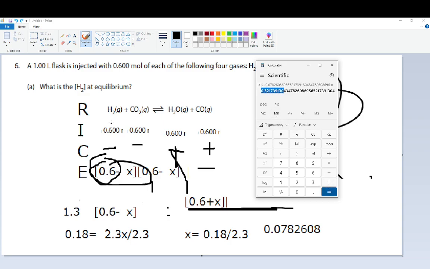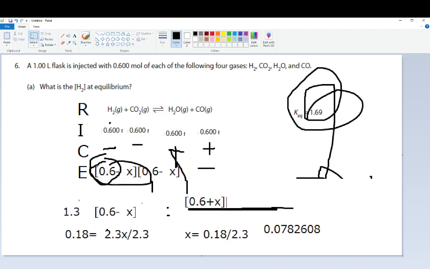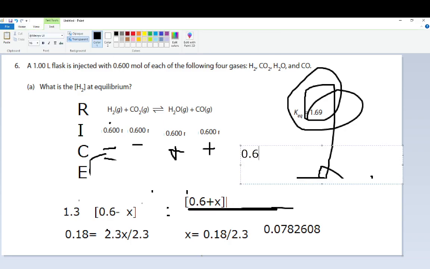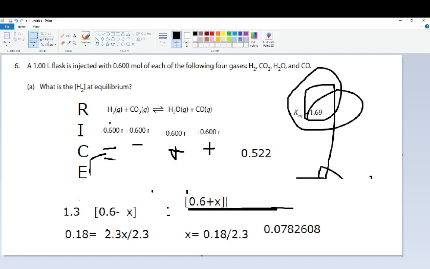So it's going to be this. So essentially, you just take whatever amount you had, 0.6 minus x, and you're replacing it with what you've discovered your x is. And then you're doing the actual subtraction there. And you're getting this. And then you're going to say, well, we're 3 significant digits. So that means these concentrations on the left are all this.